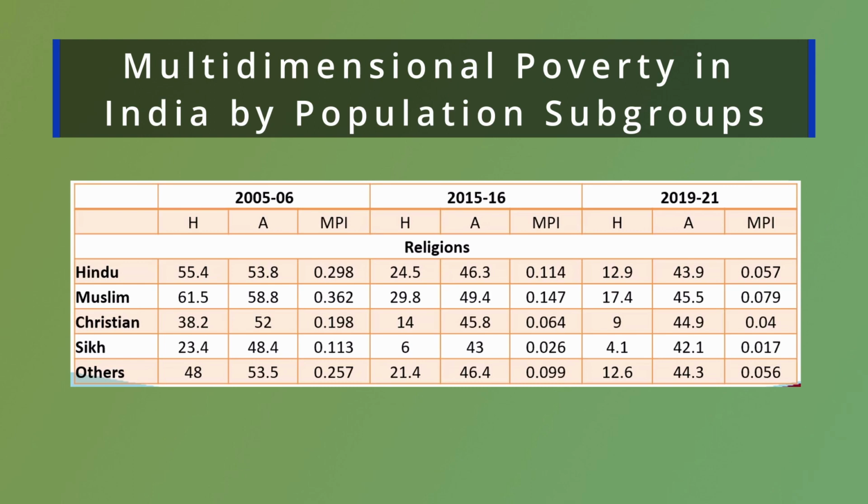Whereas in case of Hindu, the multidimensional headcount ratio was 12.9% and overall MPI was 0.057. In case of Muslim, the share was highest and it was 17.4% for H and 0.079 for MPI.